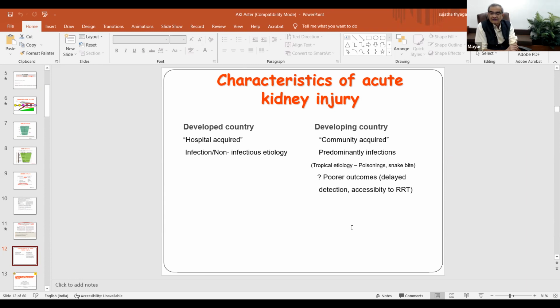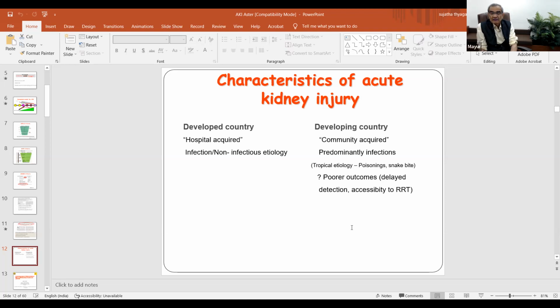But nevertheless, community acquired infections, predominantly infections, and also you are aware that in developing country we have issues of poorer outcomes, delayed detection, and accessibility of RRT being poor are the main reasons. So there is a difference in the pattern of AKI.